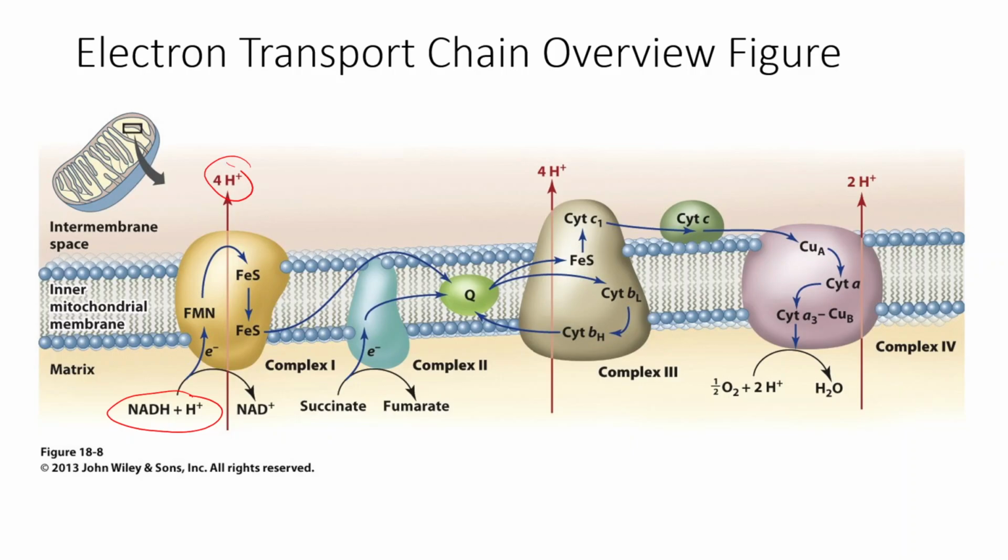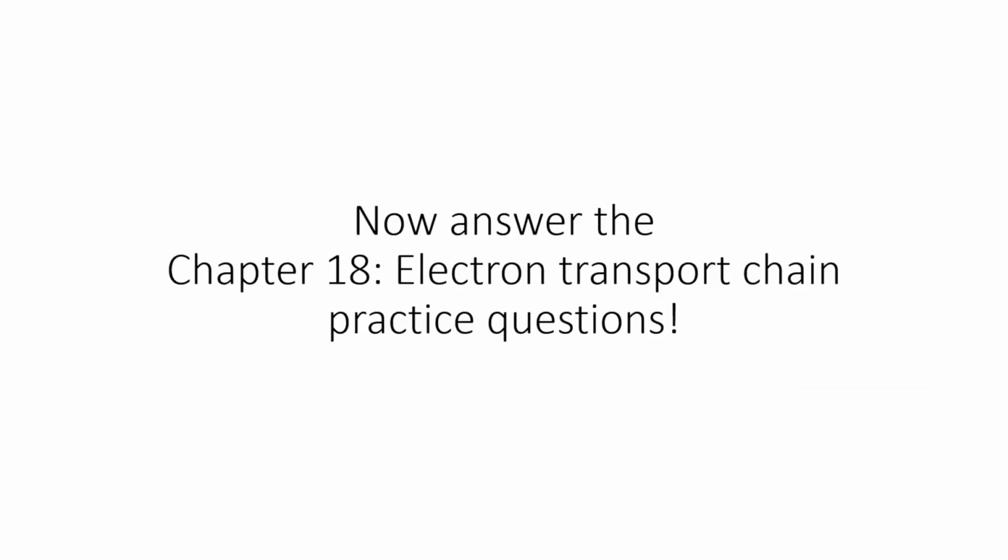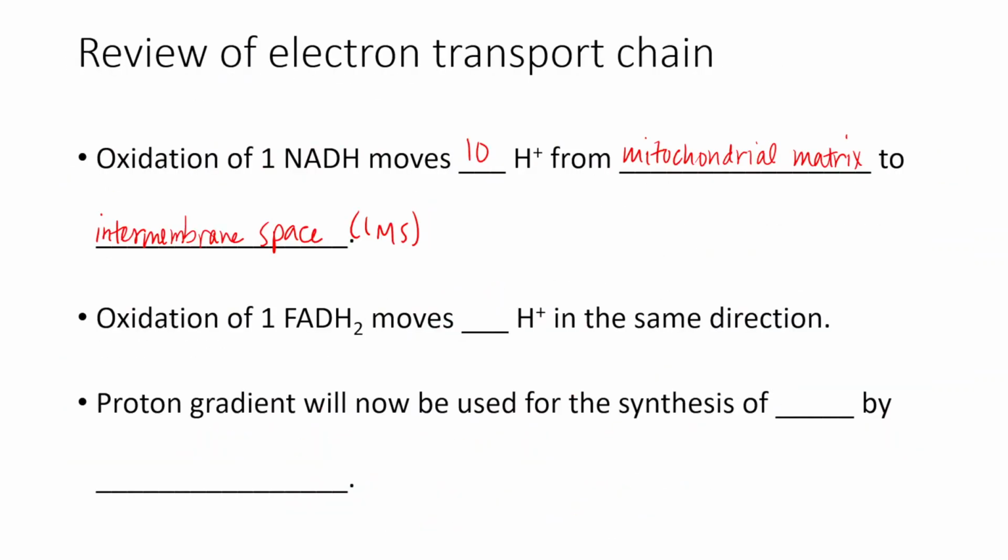Complex 1 moves out 4 protons for every NADH, complex 3 does another 4, and then complex 4 does 2. So for FADH2, how many protons are moved? Yeah, it's 6, exactly. And we will talk more about that in the coming slides also.